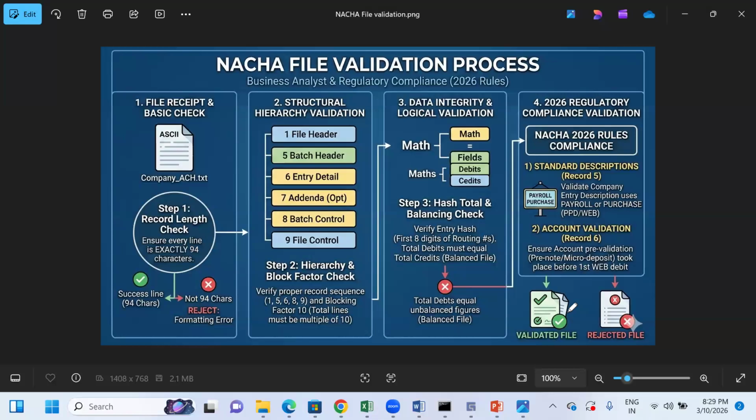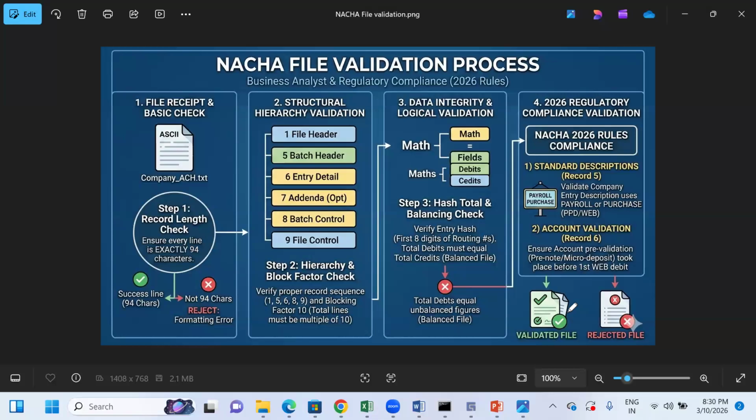The file header should come in the first line, the batch header in the fifth line, entry details in the sixth line, batch controls in the eighth line, and the file control in the ninth line. In those lines only, this has to come in NACHA file generation. Got it.